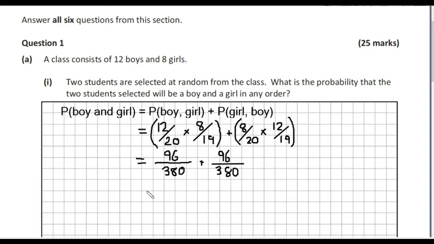Each of those simplifies to 24 over 95. So that's 24 95ths plus 24 95ths, which is going to be 48 95ths. Okay, so that's that part done.